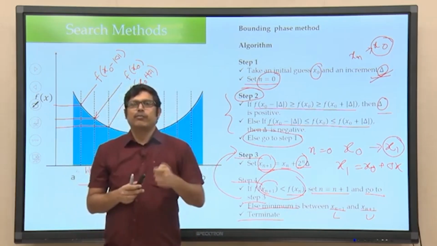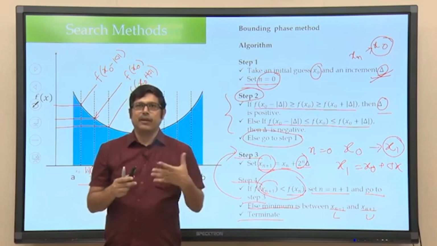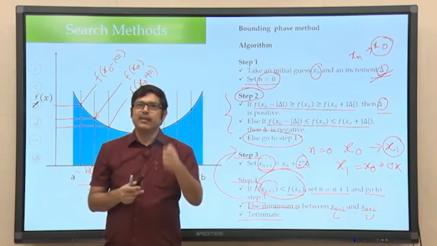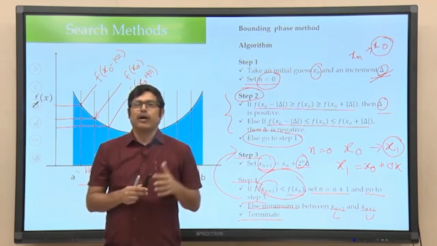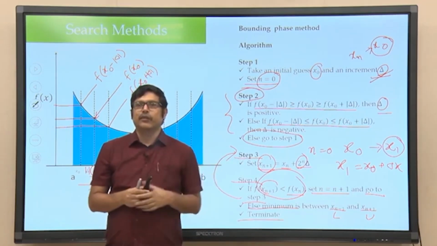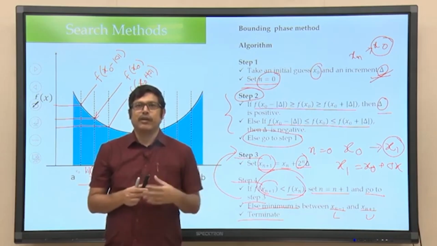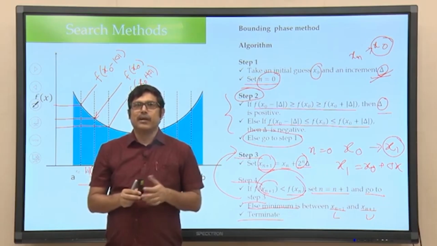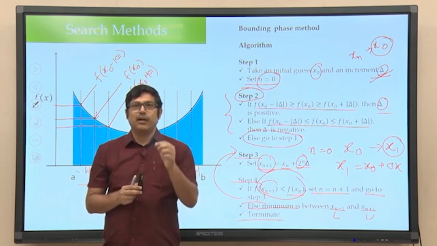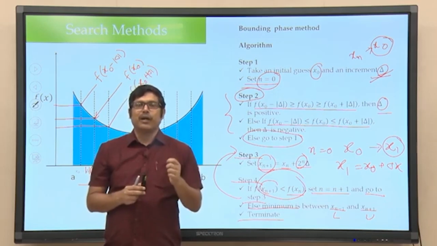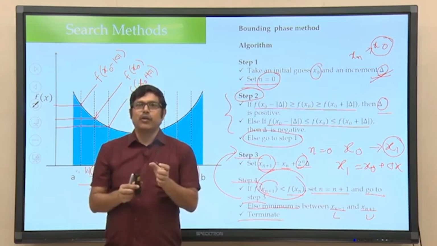If that level of precision is reached, I can say that is the optimal solution of this particular problem. That you can find using the other algorithms. I hope this is clear to you. Here we are not trying to find the optimal solution of this problem, but we are trying to find a small region where the optima is.